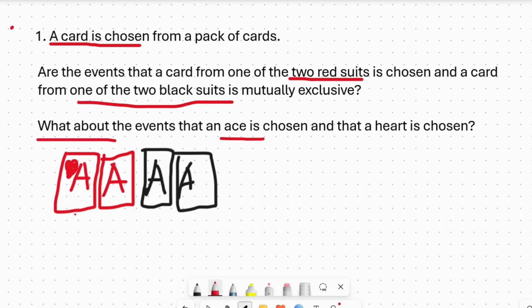It is possible to choose a card that has the same specification as in the question, which is ace and heart. So this is not mutually exclusive, because if we pick up a card, it can be this one.